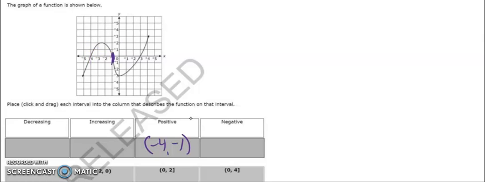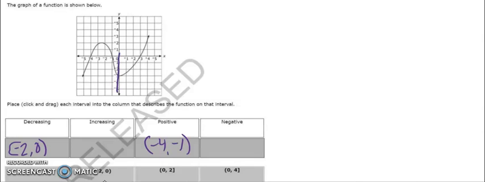So let's see what the next one is. Negative 2 and 0. Now if you look at this, all of that is decreasing. It's going down. So we're going to put this under the decreasing. Alright, the next one. 0, 2.